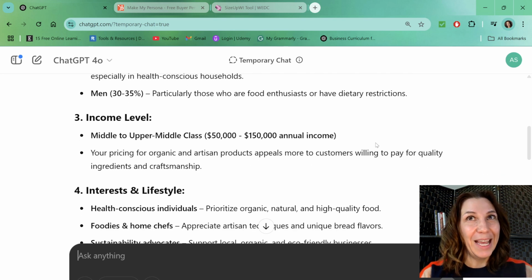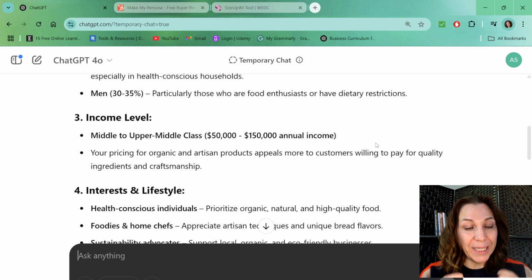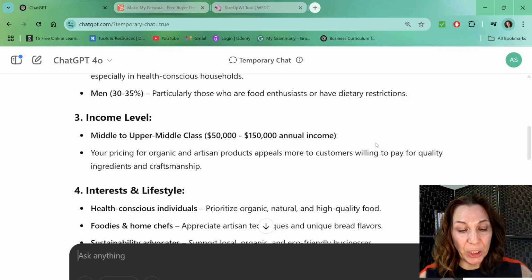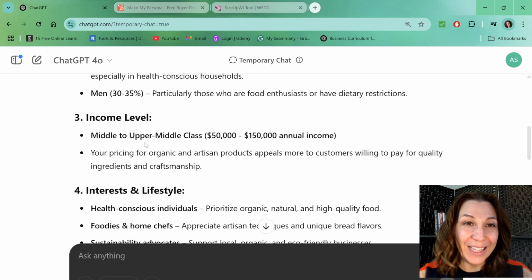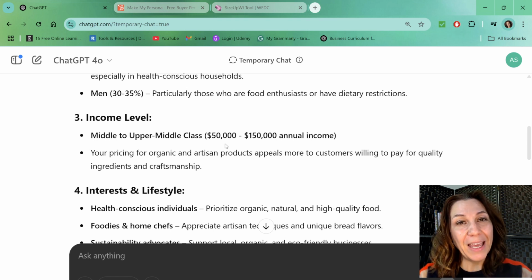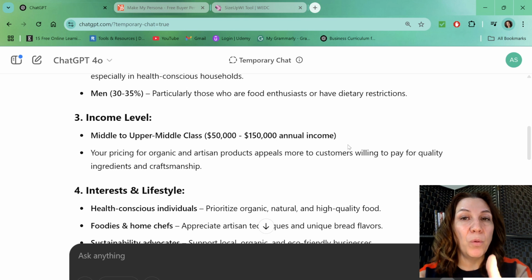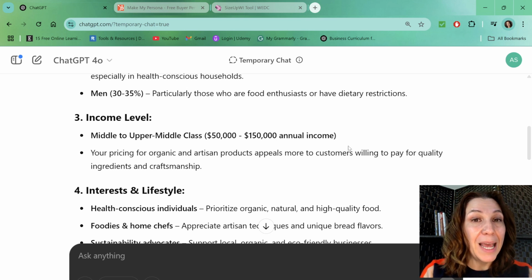That's why it's very important to do this research, because using this data, you'll be able to adjust your branding, your messaging, your pricing. Here we go. When we say pricing, the middle to upper middle class, so people who are making between 50 and 150 thousand annual income, they're the people who will be buying. So what does it mean?